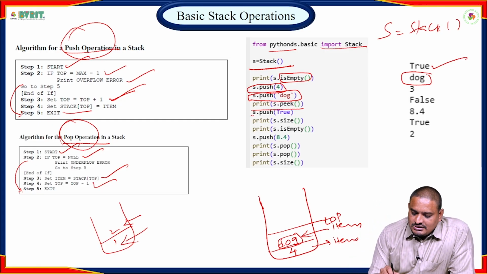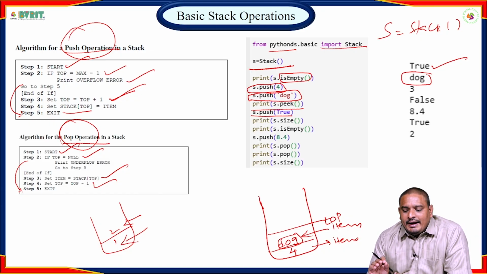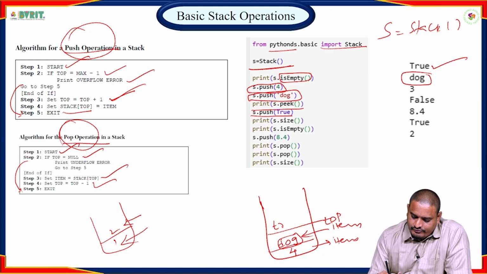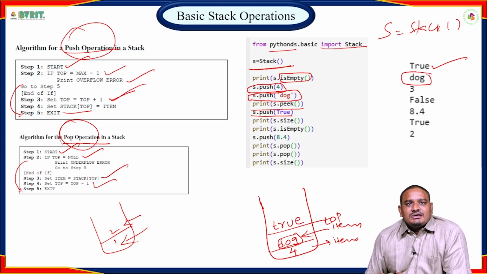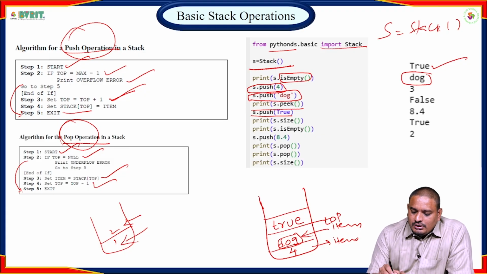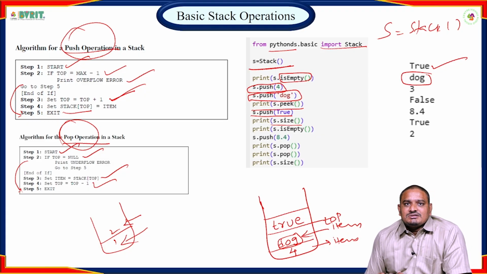Next, s dot push of true. Now the true item is inserted into the stack. Now print s dot size. Print s dot size means how many elements are available in that stack.